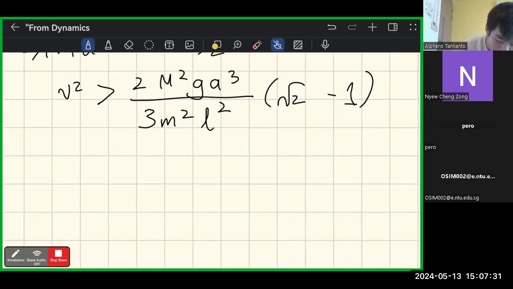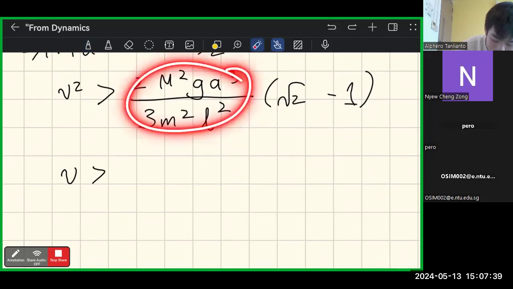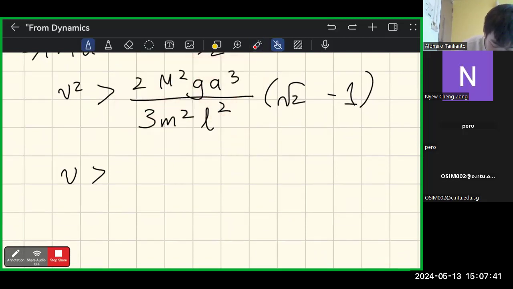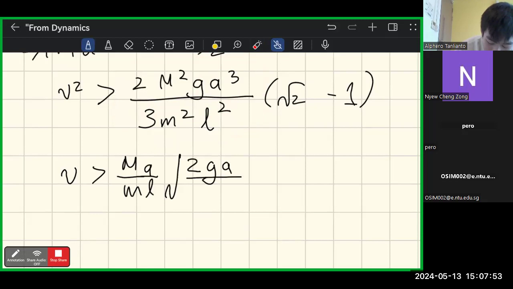And so obviously v has to be bigger than the square root of this. Because of the m squared, we can cancel, and it becomes a to the power of 3 over l to the power of 2, a over l, square root of 2 g a over 3 times square root of 2 negative 1.